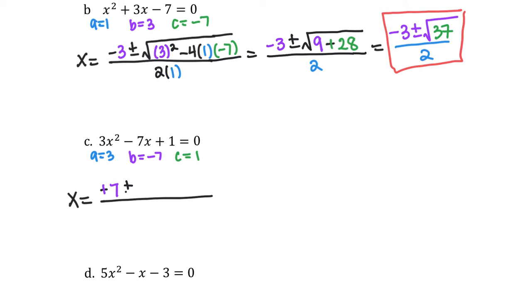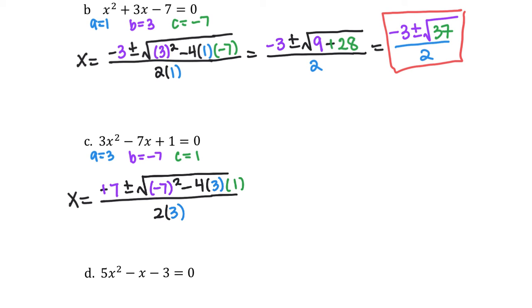Okay, plus or minus, let me make my big radical. Inside the radical is b squared, and make sure you put the b in parentheses, especially when it's negative, minus 4 times a times c, and then it's all over 2 times a, so 2a.